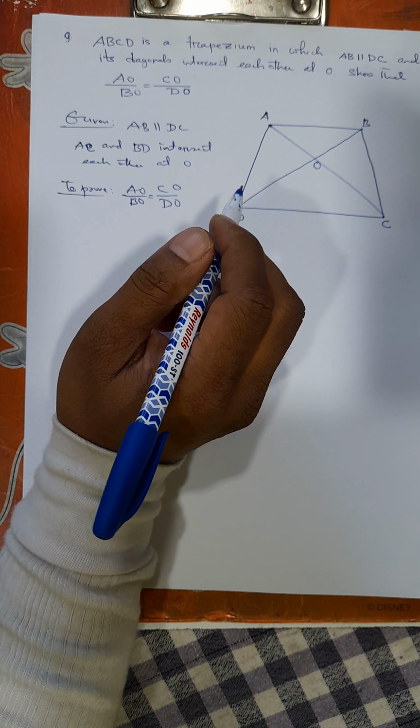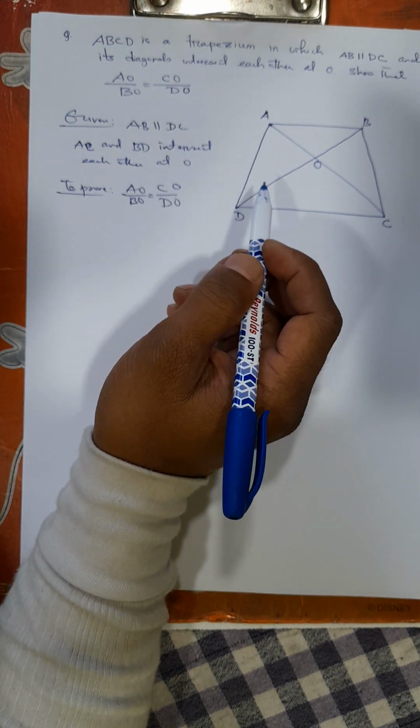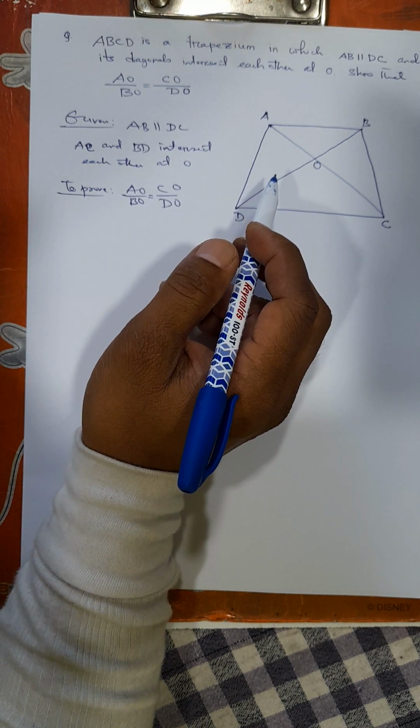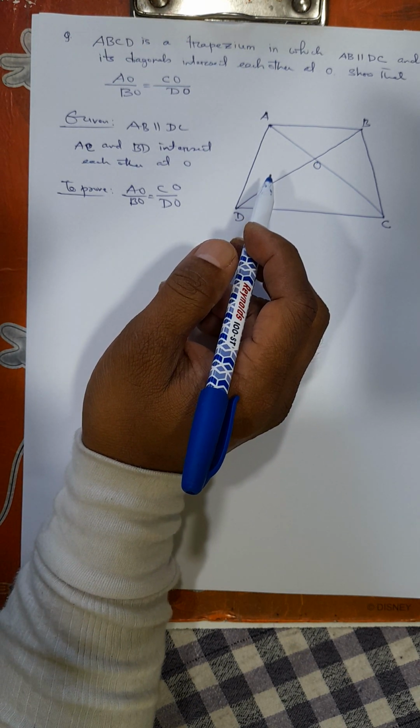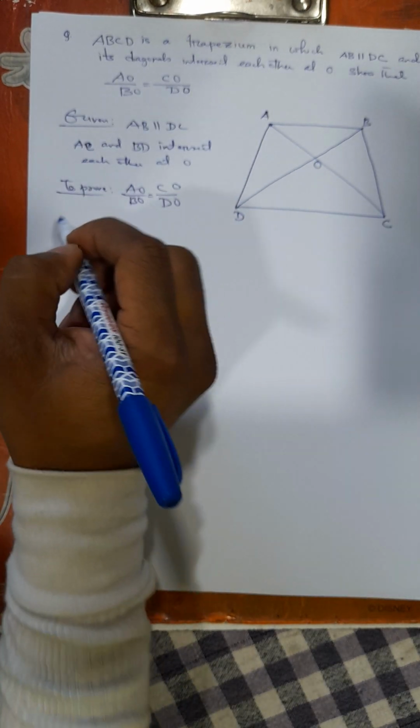You are given ABCD is a trapezium, AB parallel to DC. Now we have to prove AO by BO equals CO by DO.